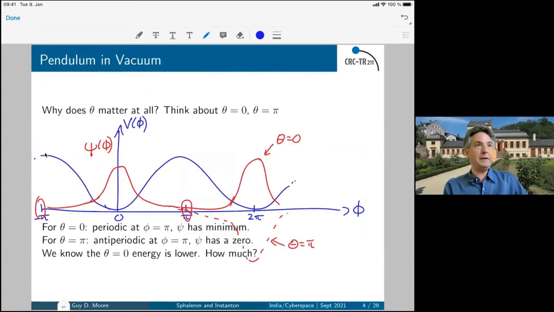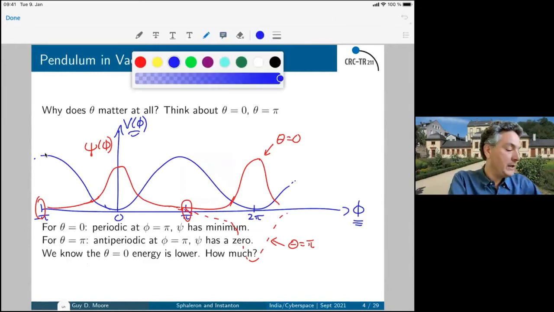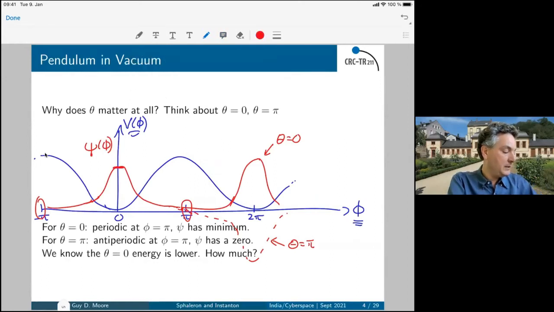So let's think about the pendulum in vacuum. Why does that theta matter at all? Well, consider the potential as a function of the angle phi, and then think about what the wave function should look like. And the wave function should have a peak at 0 where the potential energy is the smallest.